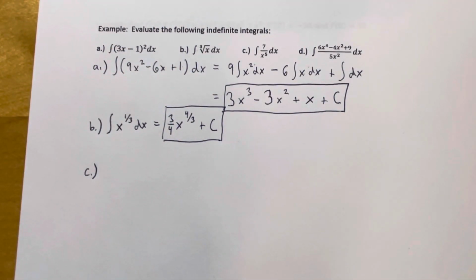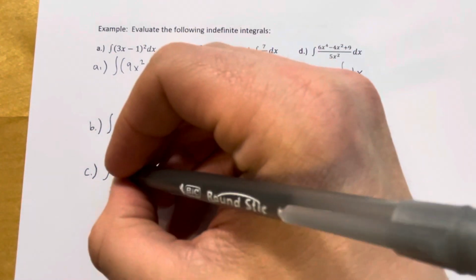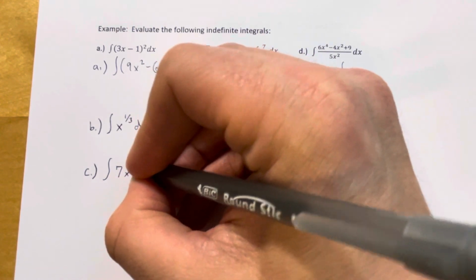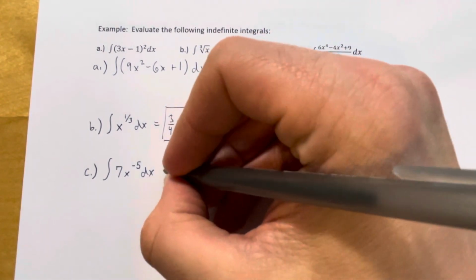All right. Part C, I can do something very similar, because notice I can write this 7 over x to the 5th as 7x to the -5th. And we really want to do that because that's, again, showing us that we can use the power rule here. So what would that look like?